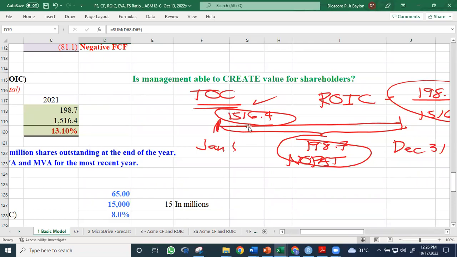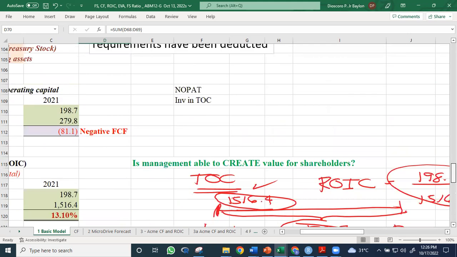Yung operating capital na to. This is the amount of operating capital management is provided with. So gagamitin nila to. In fact, yung iba ginagawa, class, kinukuha yung average ng beginning at saka ending. Okay, so which I think also is a good way to do it. Kasi yung nadagdag na, may nadagdag na operating capital, di ba? Which is 298, tama ba yan?